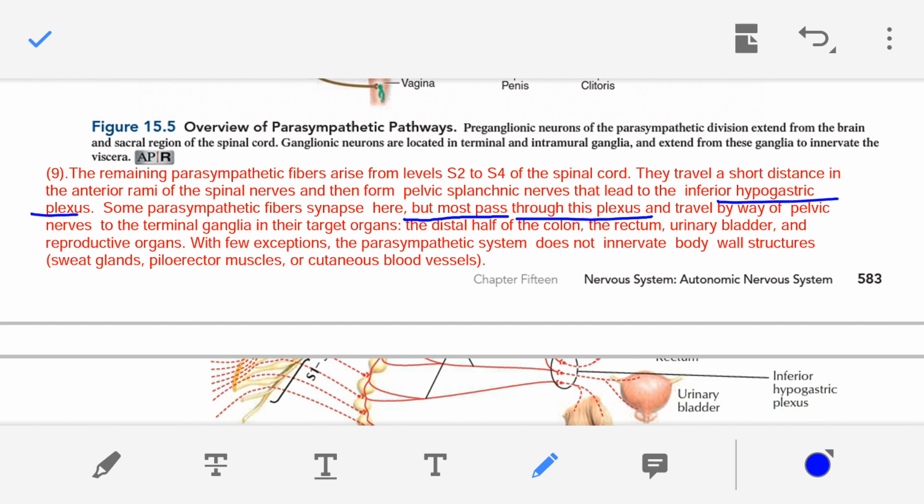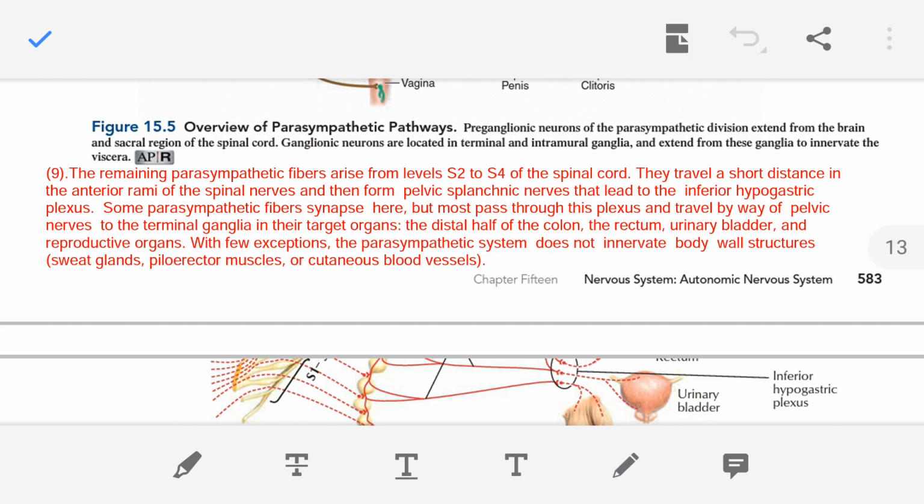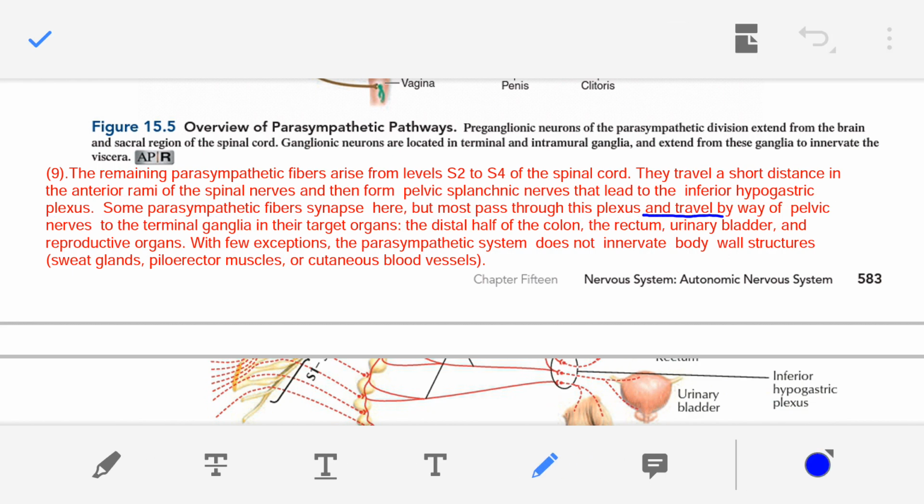Most of the parasympathetic fibers pass through this plexus. They are not synapsing over here. Some of them synapse, most of them do not. They pass through this plexus, and they travel by way of the pelvic nerve.